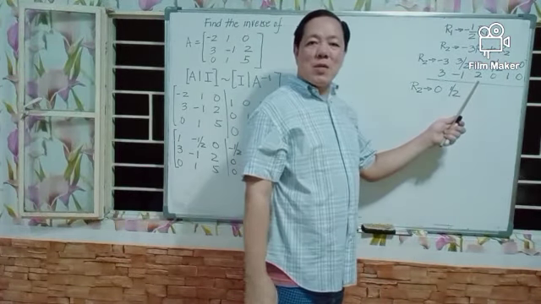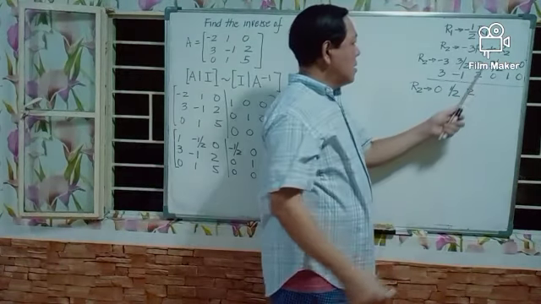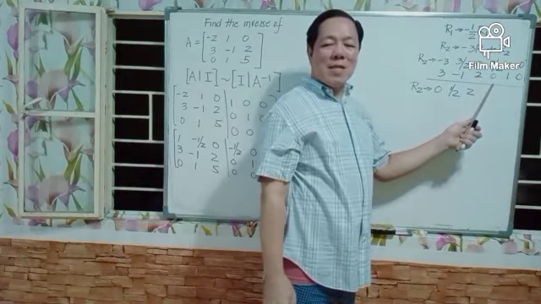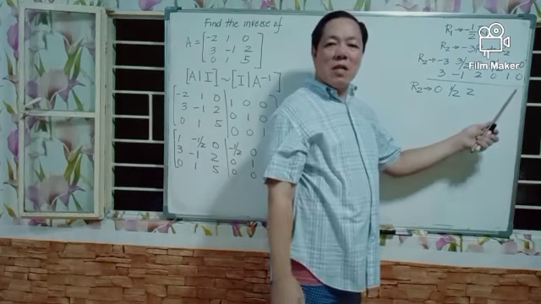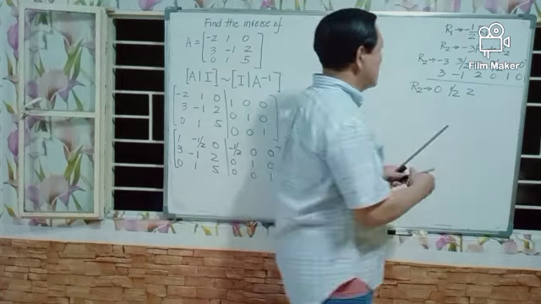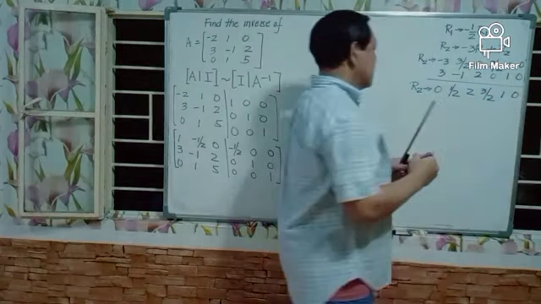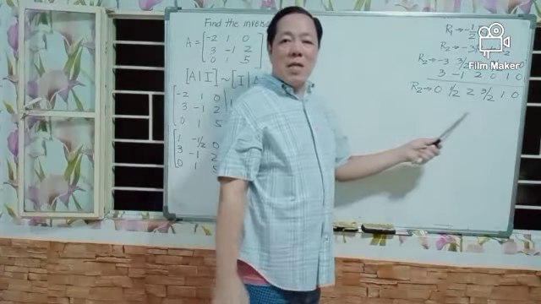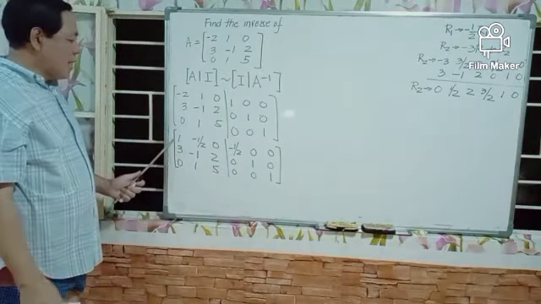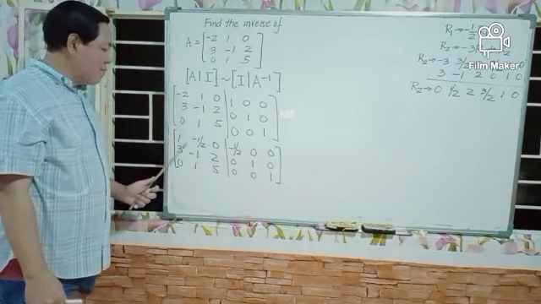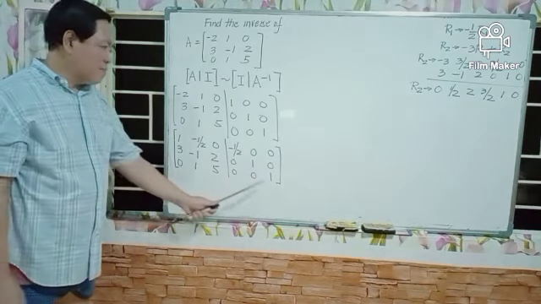And 0 plus 2 is 2. 3 over 2 plus 0 is 3 over 2. 0 plus 1 is 1. And 0 plus 0 is 0. These are the new entries of the second row. And the entries of the first row are the same. Entries of the third row are the same.